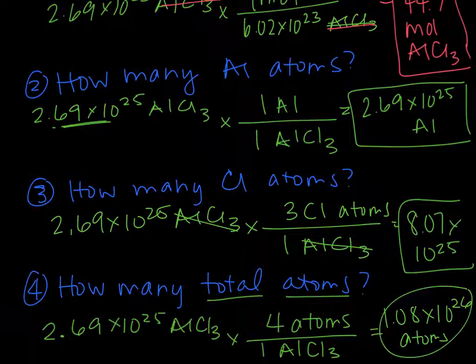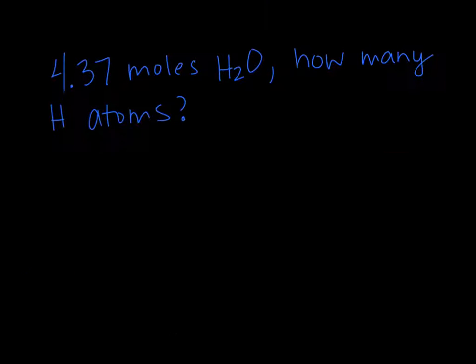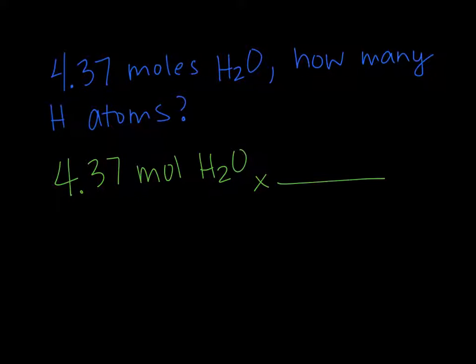All right, so let's try one more. In this one we've got 4.37 moles of H2O. How many hydrogen atoms do we have? So I'm going to write down what's given to me. I've got 4.37 moles of H2O. And I know that if I have 1 mole of water, that does not give me hydrogen atoms.